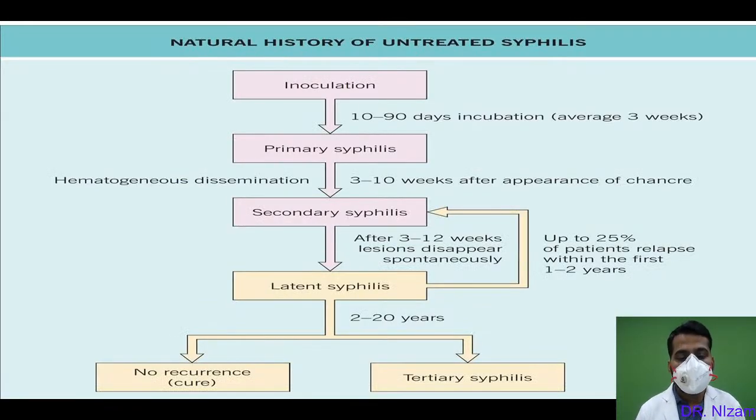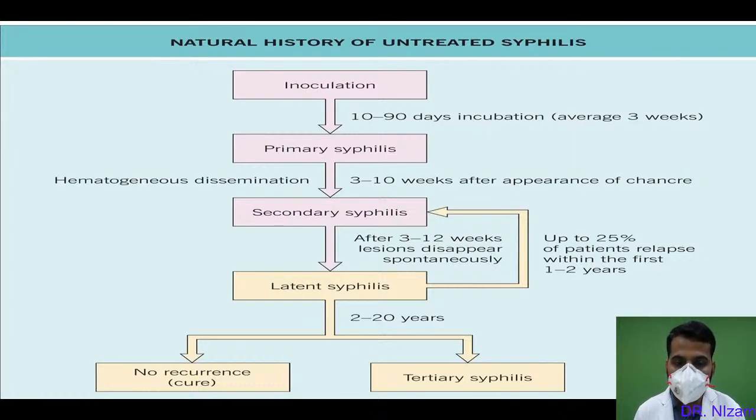Now, the natural history of syphilis goes like this: after inoculation in the skin or mucous membrane, it takes an average of about 3 weeks for the incubation period. Then comes primary syphilis, which later goes into secondary, latent, and tertiary syphilis. The duration is around 3 to 10 weeks from primary to secondary.